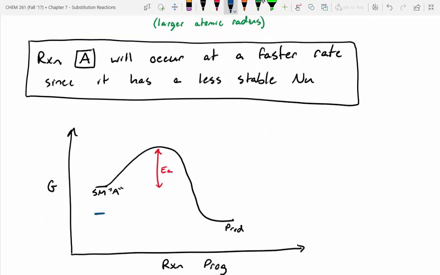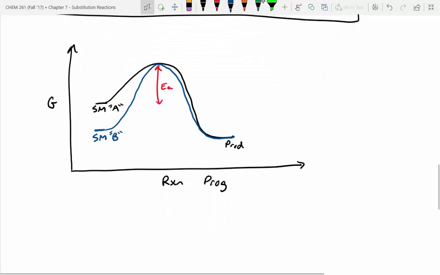It's going to be lower in energy. So it's still going to have to overcome roughly the same amount of energetic hump. And it's still going to go to your products, right? But in this case, do you see how the activation energy for that blue pathway is a lot larger? It has the bigger hill to climb.